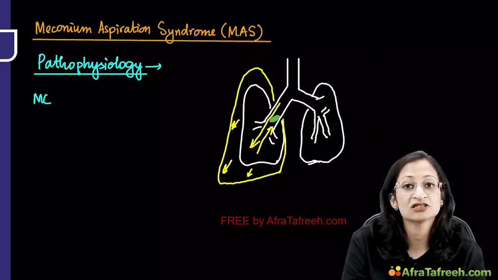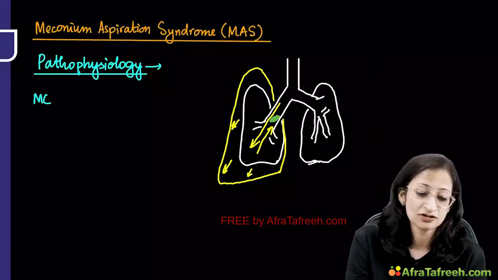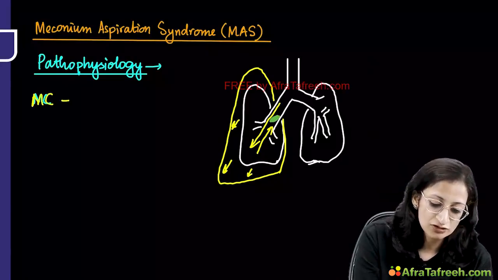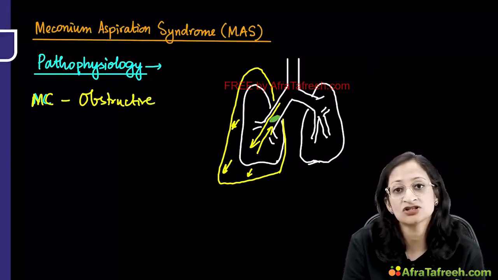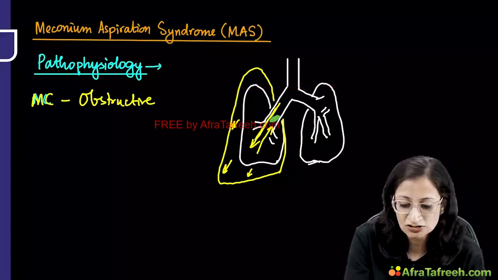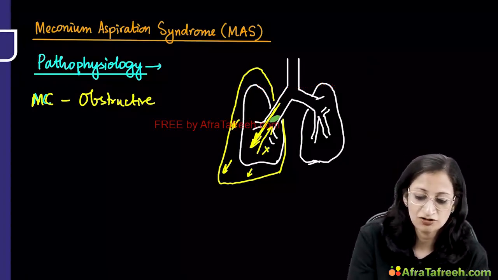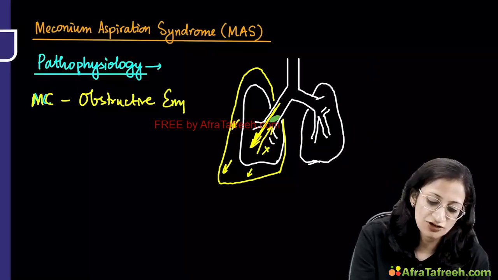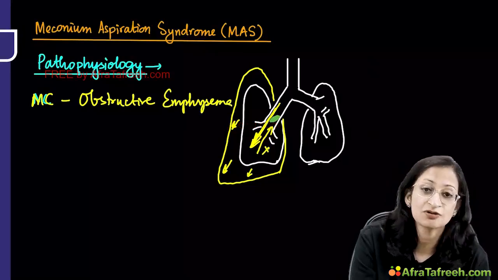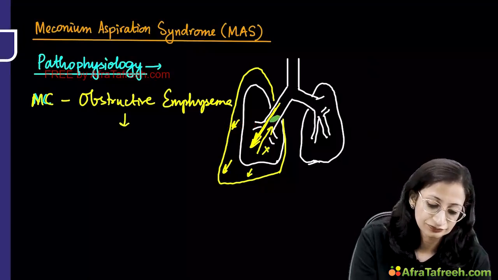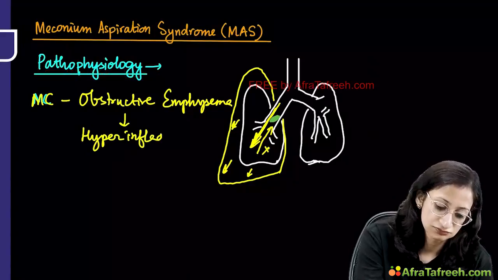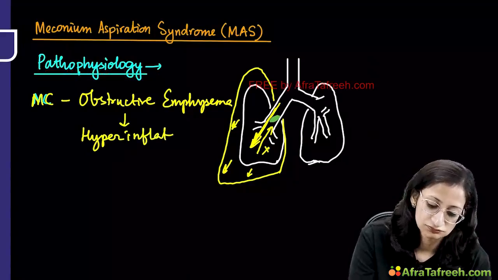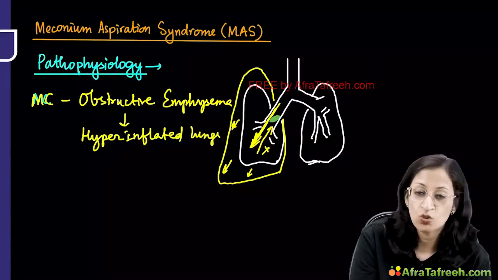So obstructive emphysema is what is most commonly seen, because the meconium plug partially obstructs the larger airways, creating a trap valve like mechanism such that the air is able to go inside the lungs, but is not able to come out of it, as a result of which there is hyperinflation of lungs. What else?